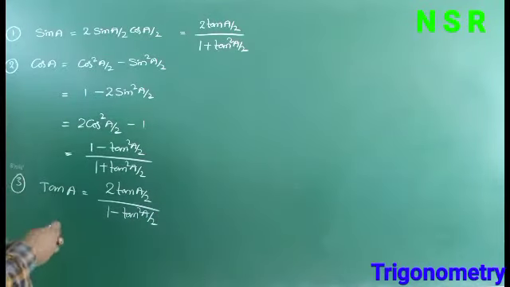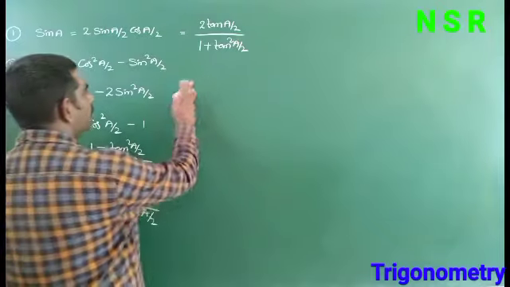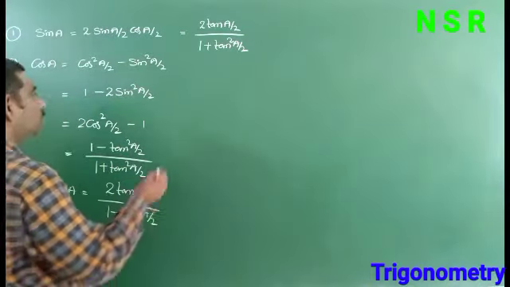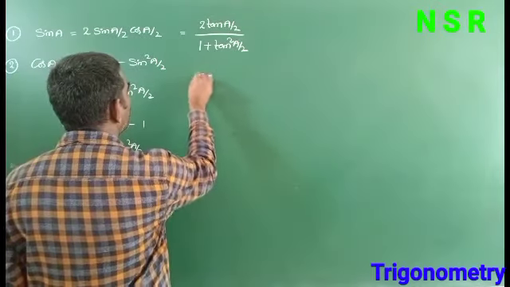Using these formulas, we can also write sin and cos formulas in terms of square root of cos 2A.